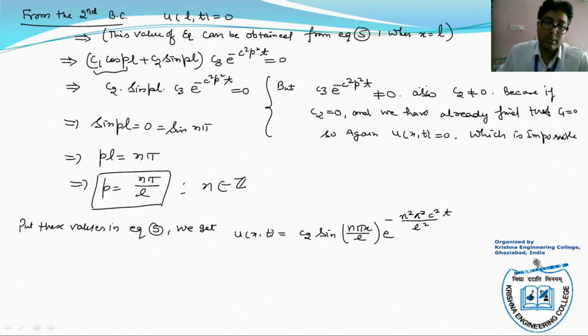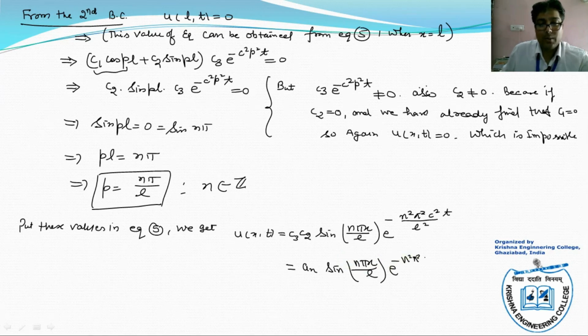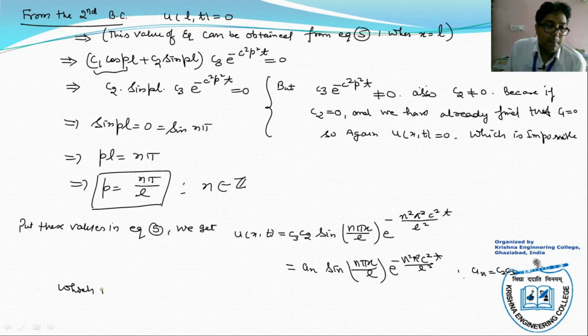Into constant C3. The constant C3 is the product of two constants, which is again a constant. So let us take a_n sin(n pi x by L) into e to the power minus n square pi square C square T upon L square, where a_n is equal to C2 into C3, which is true for every value of n.